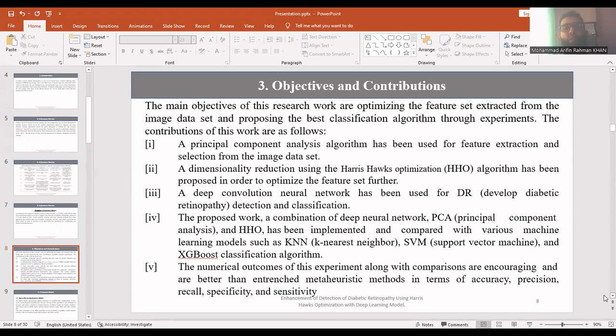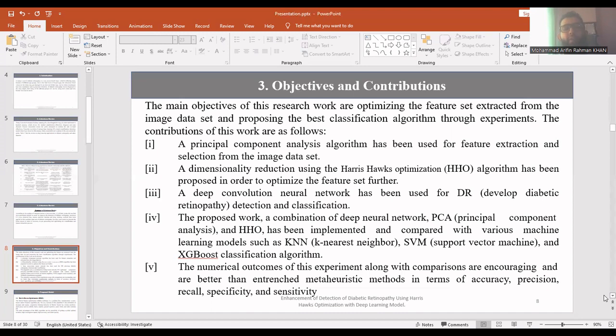3. A deep convolutional neural network has been used for DR, whose full form is Developed Diabetic Retinopathy Detection and Classification. 4. A combination of deep neural network, PCA, whose full form is Principal Component Analysis, and HHO has been implemented and compared with various machine learning models such as KNN, whose full form is K-Nearest Neighbor, SVM, whose full form is Support Vector Machine, and XGBoost classification algorithm. 5.